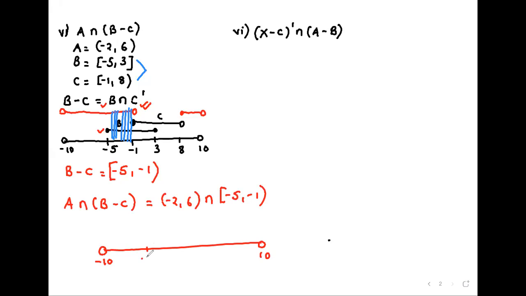So we have -2 to 6, open, open. Then we have -5 to -1, closed, open. Where do they intersect? It's this piece in between them.